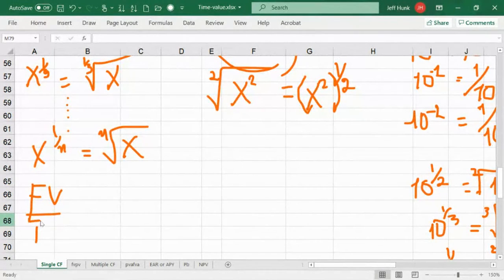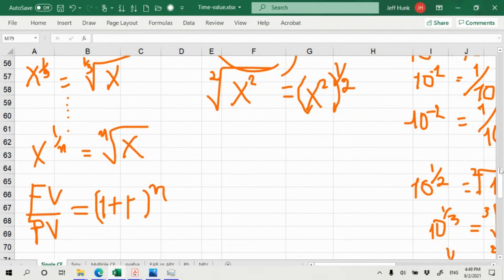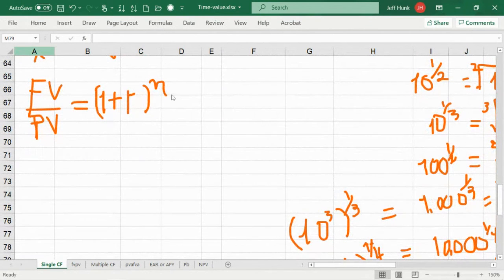First, we had to isolate, right? We divide both sides by PV, so then we isolate. Okay, and the thing is, because of n, we cannot open up this term, right?